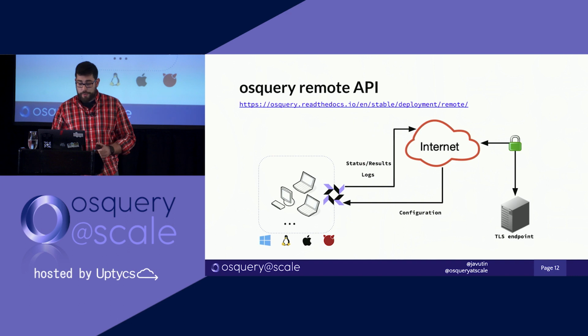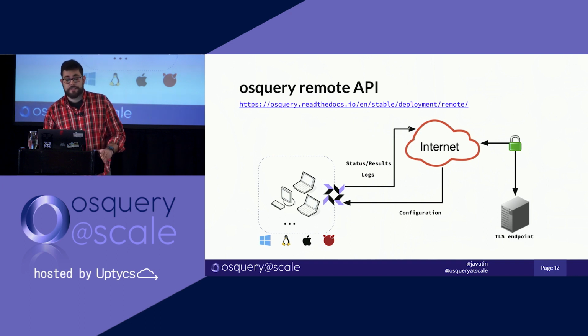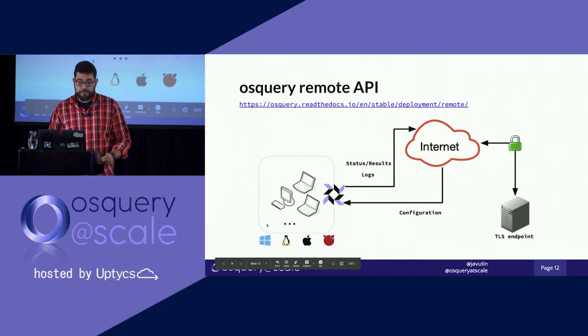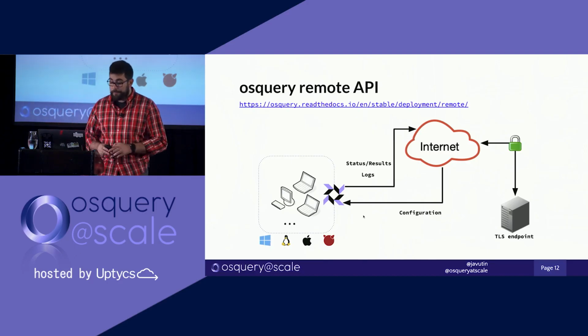So in this case, this is the diagram that most of the time you see when you are looking for a TLS solution, a system that is going to allow you to both configure and receive the logs from your osquery nodes. You're going to have a number of machines, could be different architectures. They're all going to have osquery running on them.